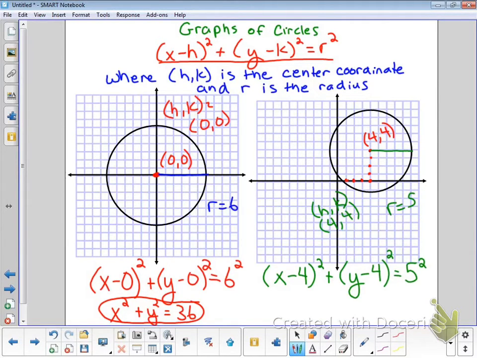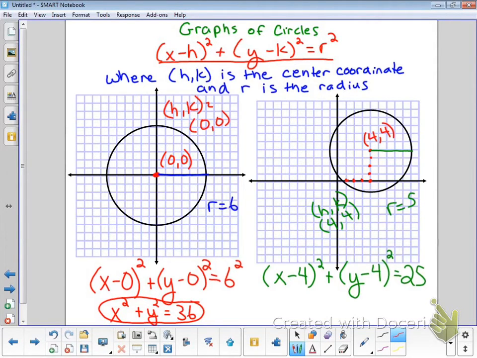Now, we do not multiply out what's in the parentheses. We don't mess with that. We only need to simplify the radius. Instead of it being 5 squared, we're just going to write 25. So that is the equations of circles.